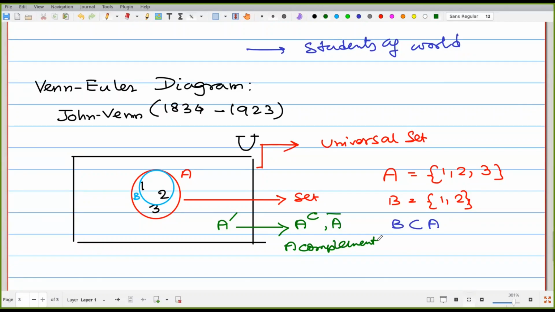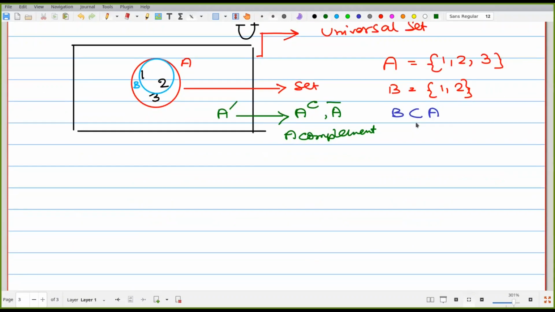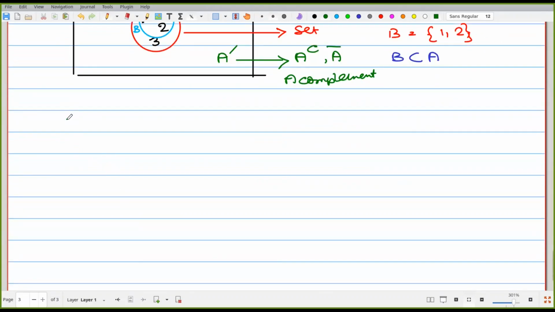So at first, what are the operations? Already two operations have been known.